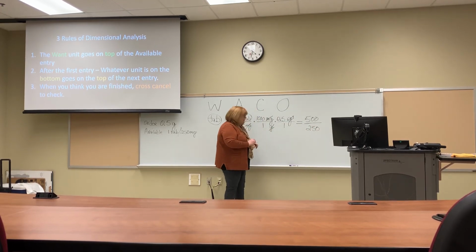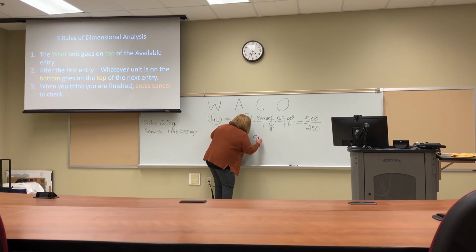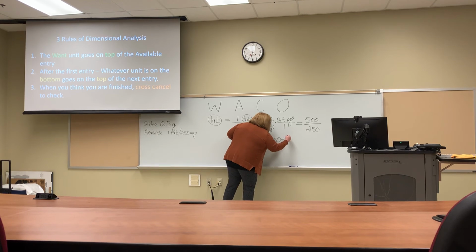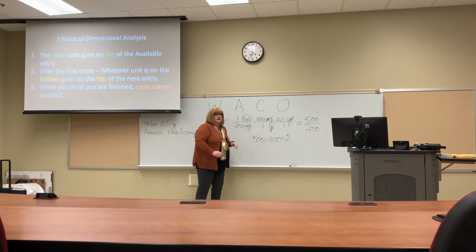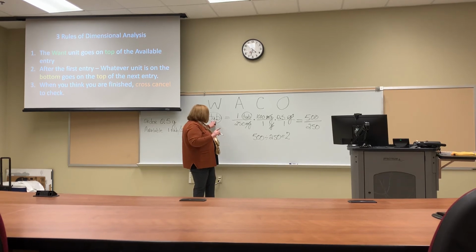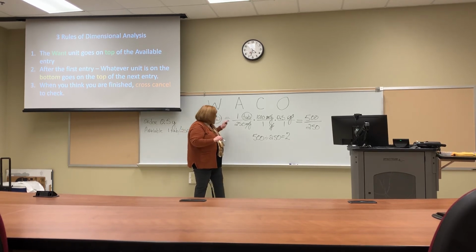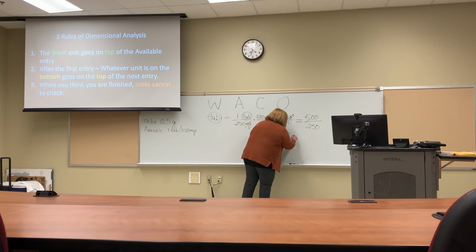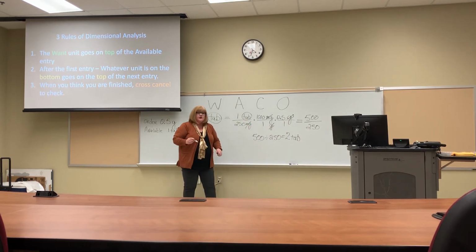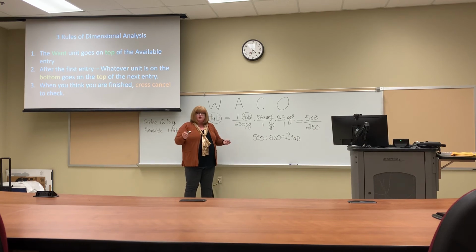We're going to reduce that fraction by saying 500 divided by 250. And we end up with 2. And the last thing that you need to know to do is always whatever you started with in your want goes down here. All right, so we're going to give that patient 2 tabs.